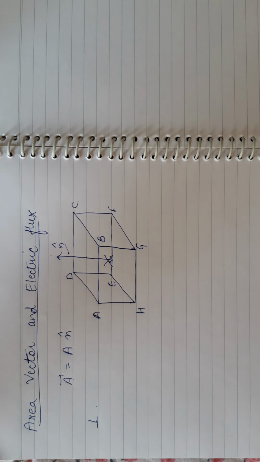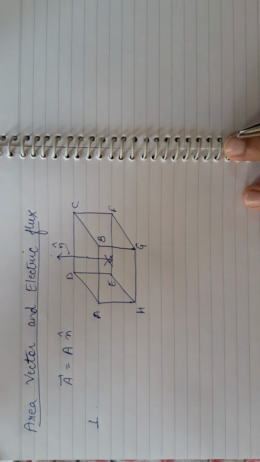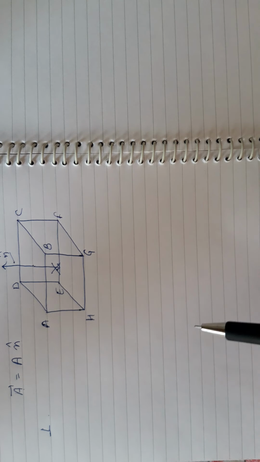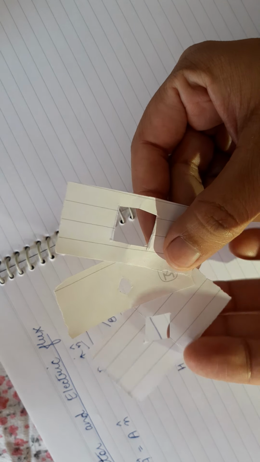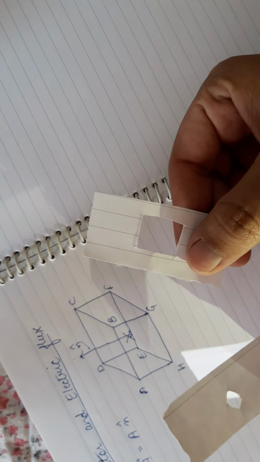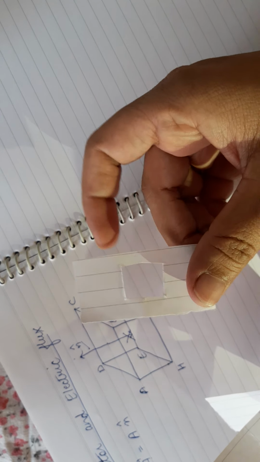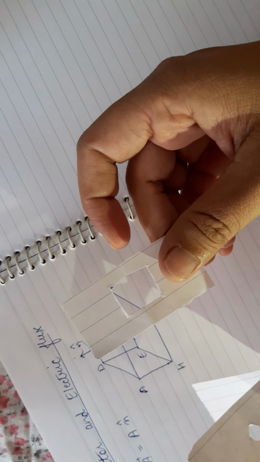I can show this with the help of an activity. In this activity, we will take a source of light which we'll assume as electric field lines, and we'll have different shapes and different areas. We'll see that the number of field lines crossing a particular area is different for different areas. I have taken three different shapes, a rhombus, a circular one, and a square.